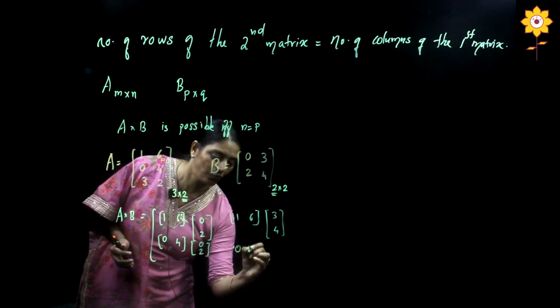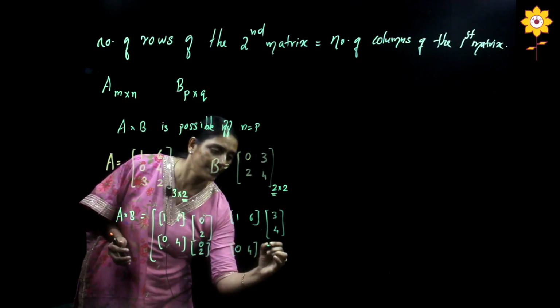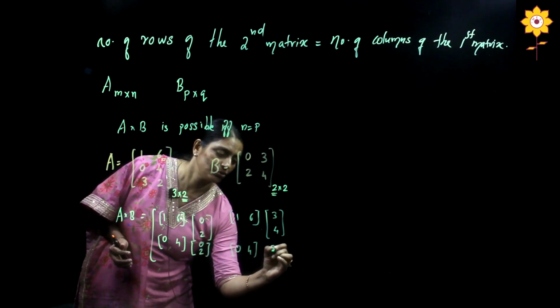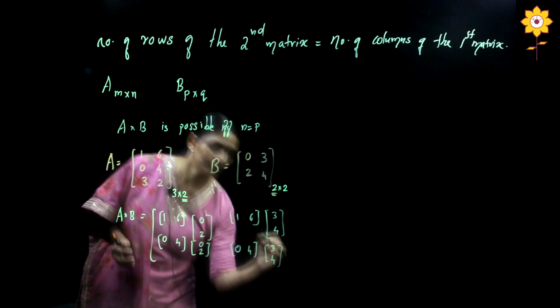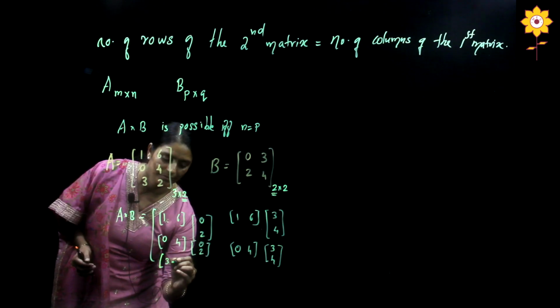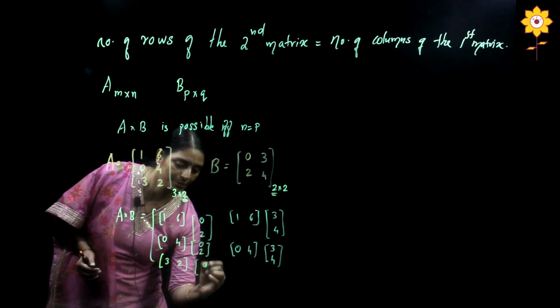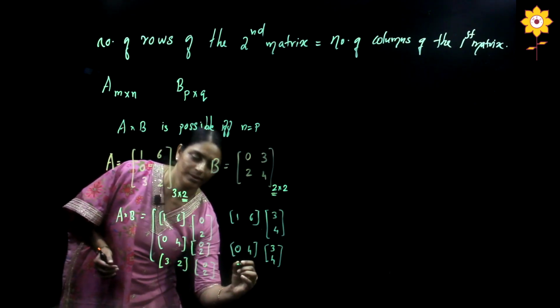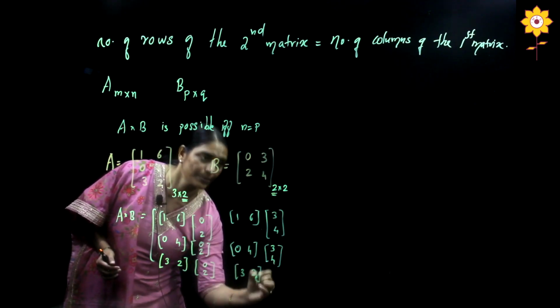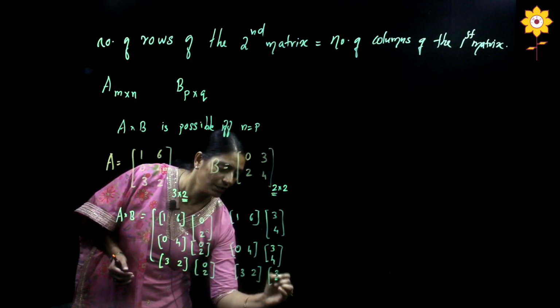Then 0, 4 is multiplying with 3, 4. 3, 2 is multiplying with the first column 0, 2, and 3, 2 is multiplying with the second column 3, 4.